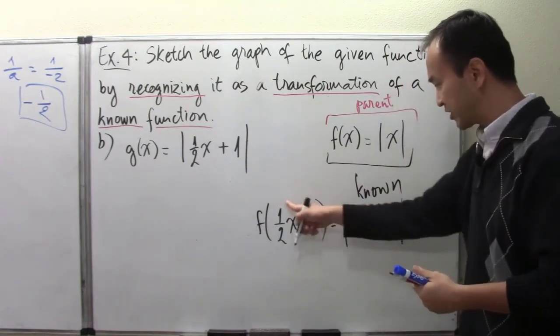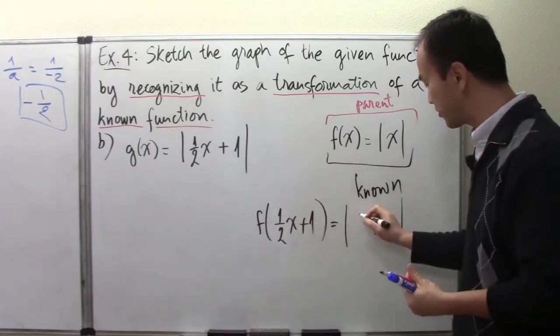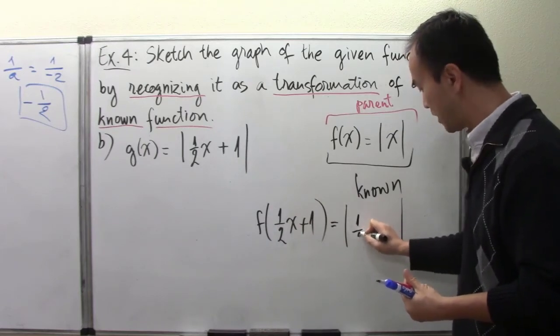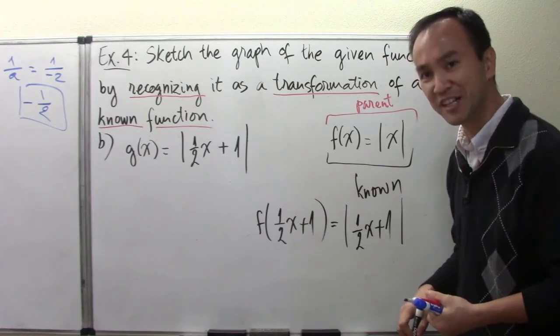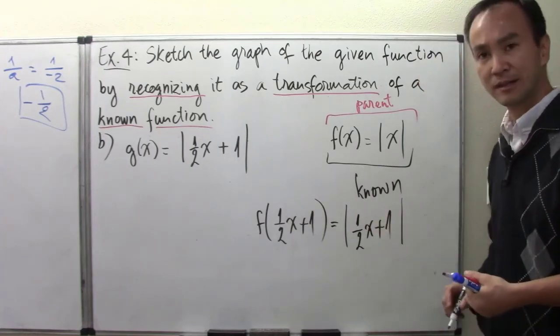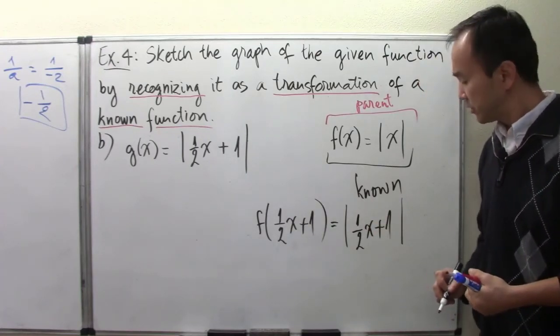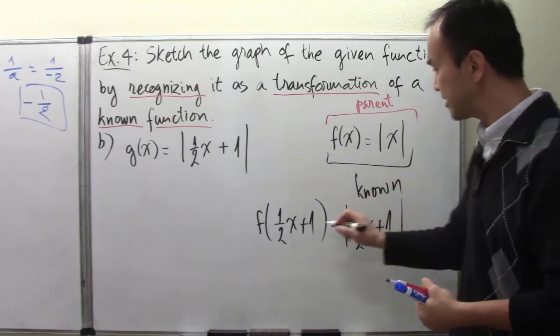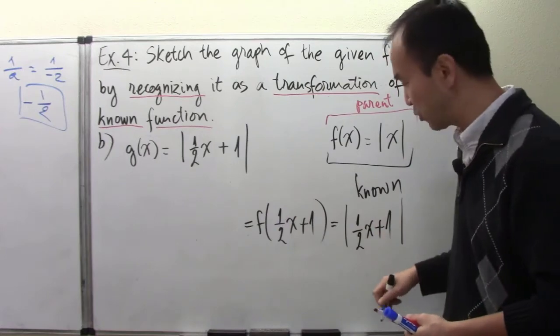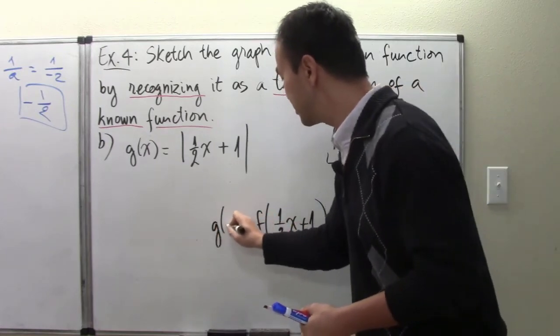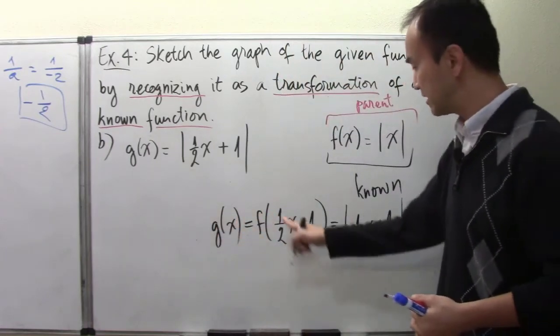So now I can just simply take the whole linear expression here as is, 1/2 x plus 1, and package it all inside of my absolute value symbol. Okay, so then wait a minute. We recognize that this absolute value of all that, 1/2 x plus 1, is now actually g of x. So that's how I point it out.